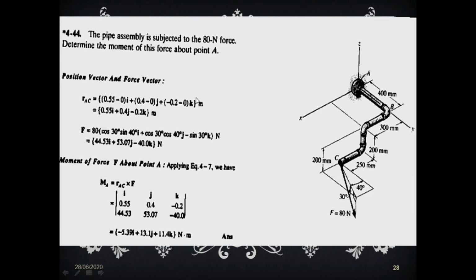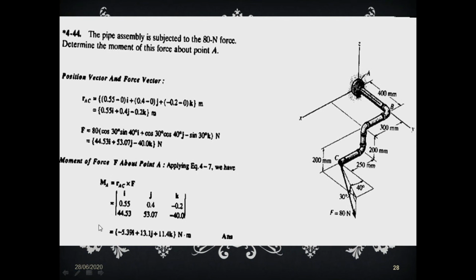If the question asks for the moment of force about B, we will replace RAC with RBC, so the formula changes to MB equals RBC cross F. Again you insert the values of RBC instead of RAC.